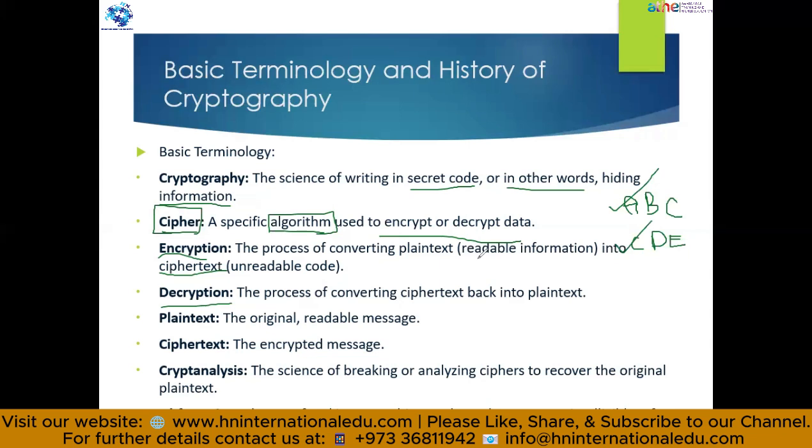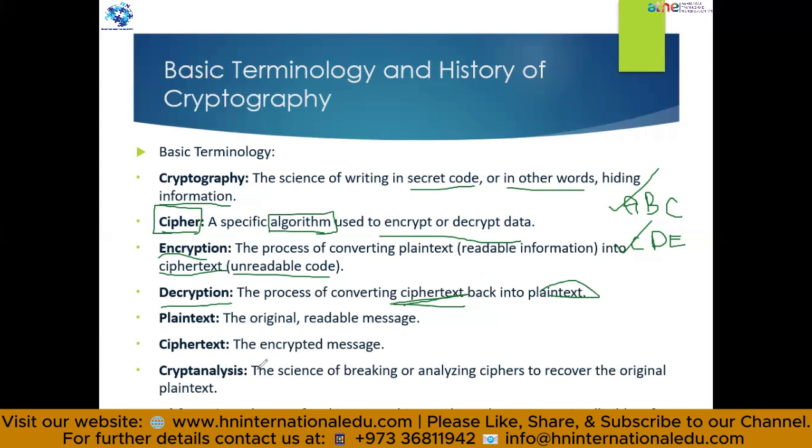Also, you can say that plain text means a readable form of information, and ciphertext means an unreadable form and unreadable code. Decryption means the process of reconverting the ciphertext into the plain text. Plain text is the original and readable form, ciphertext the encrypted message.